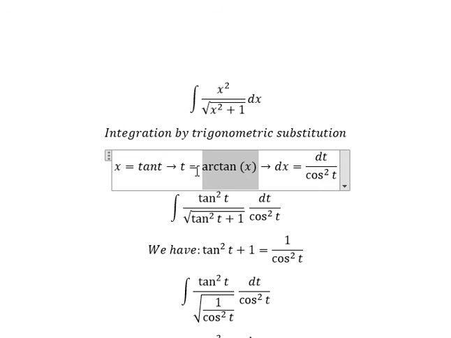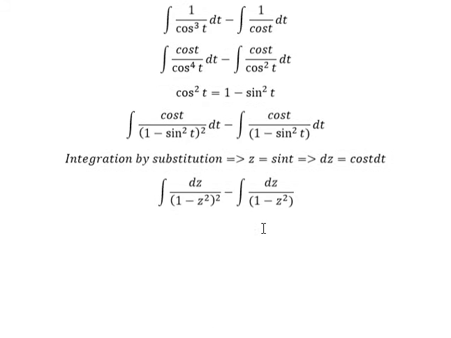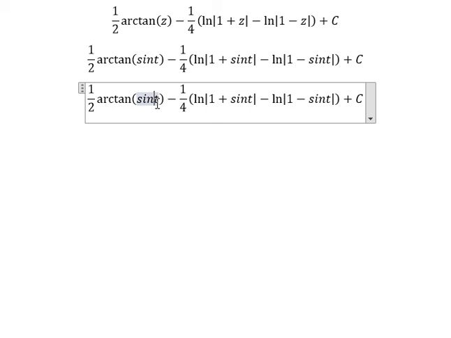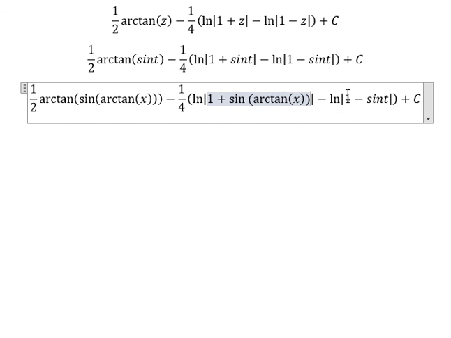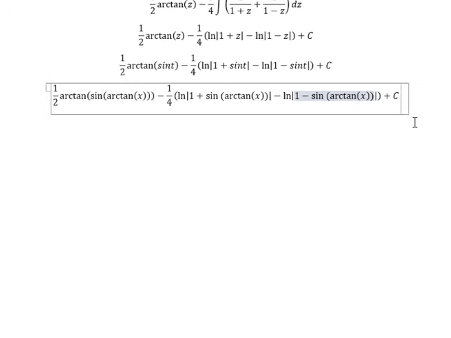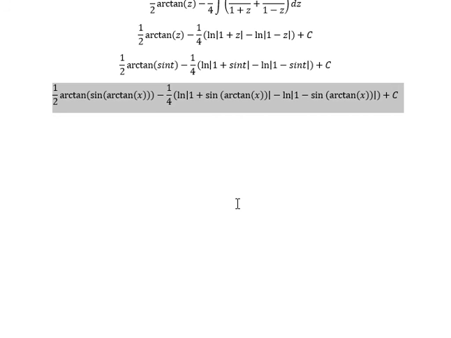We change t equals arcsine of x. We put in here. And that's the final answer.